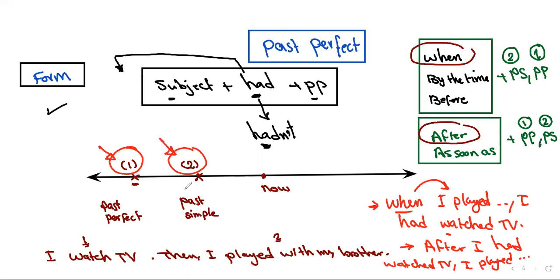After that, we have the second action, which is in the past simple. After I had watched TV, I played with my brother. So these are the linking words used to connect the two tenses, past perfect and past simple. Now let's talk about the past perfect progressive.